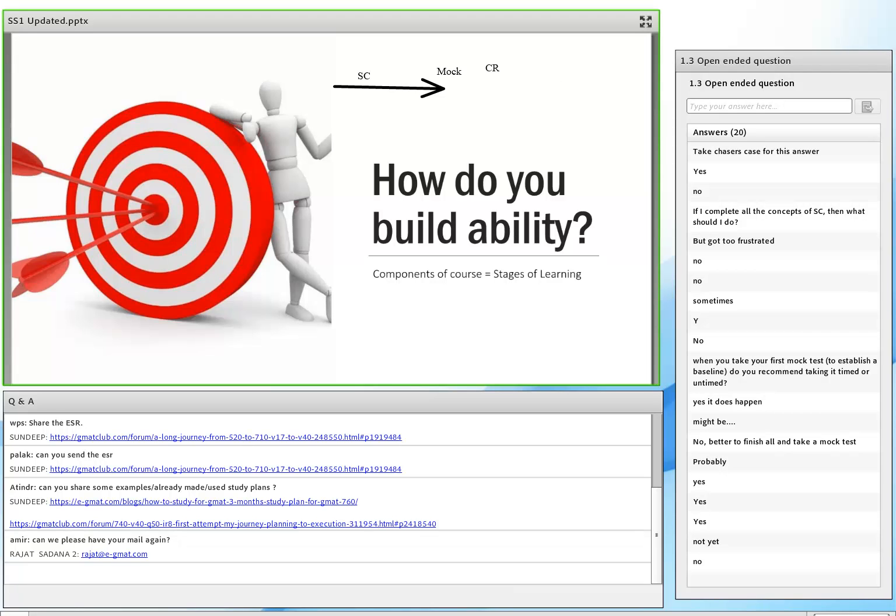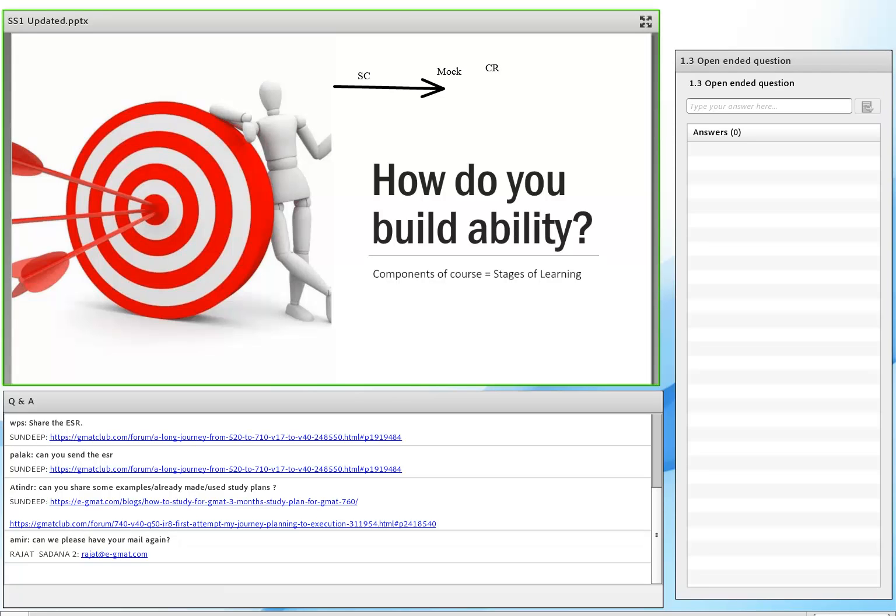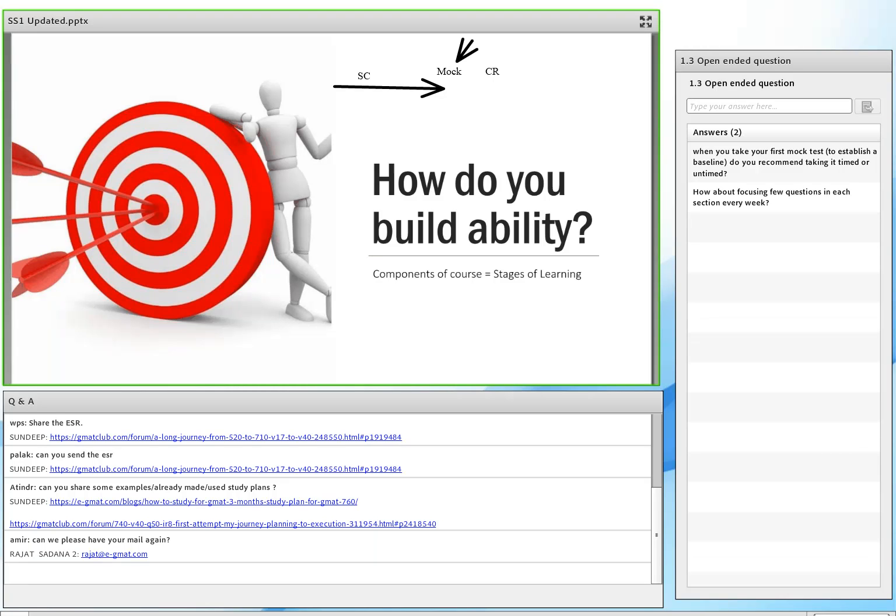And the problem with this approach is that you didn't hit that 90th percentile in SC. You change direction, which means a lot of what you learned in SC till this point goes to waste. Why? Because you didn't cement that.